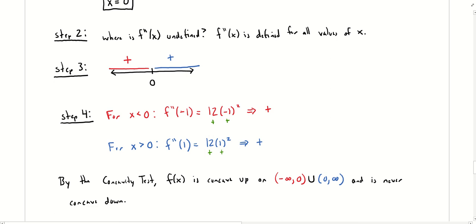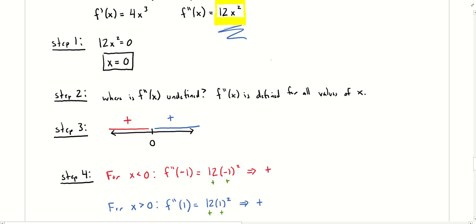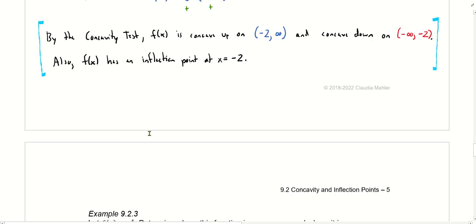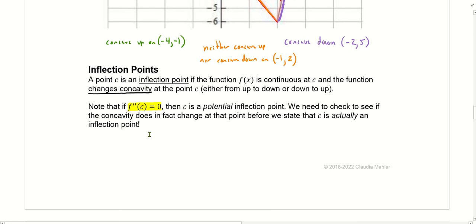Now, the second thing I want to mention has to do with the second part this question asks. State any inflection points. So we did find a place where the second derivative is 0. But remember with inflection points, go back up to that definition here, places where the second derivative is 0 are potential inflection points. We need to see if concavity changes at that point. If it doesn't, it's not technically an inflection point.